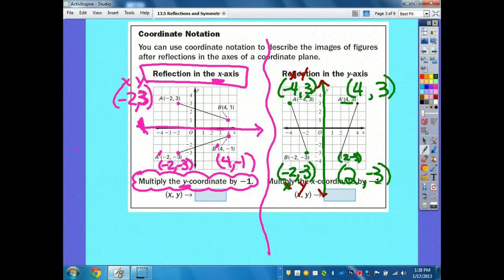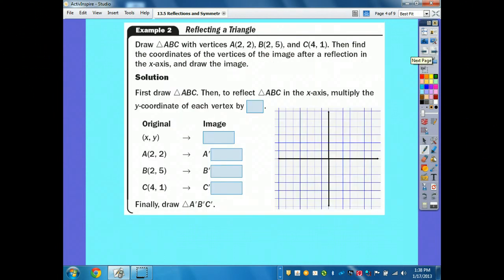Let's practice. All right, first off, I want you to draw the triangle with these ordered pairs. Connect your vertices to make your triangle. And label it, please.